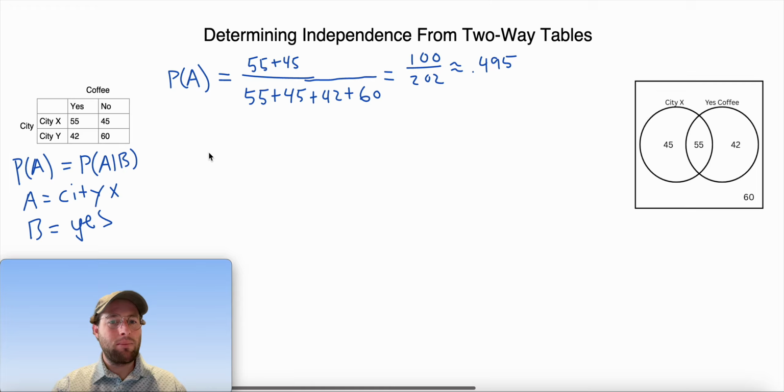Now let's calculate the probability of living in city X given that you do drink coffee, so P of A given B. We can calculate that by looking at this column right here. 55 people live in city X, so it's 55 divided by the number of people that said yes to coffee, which is 55 plus 42.